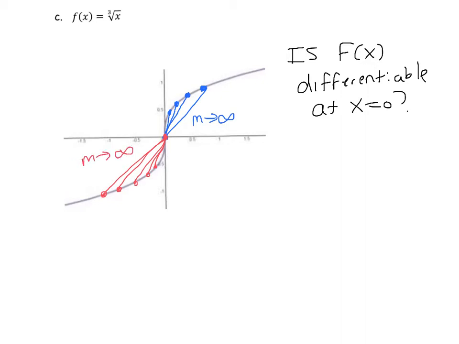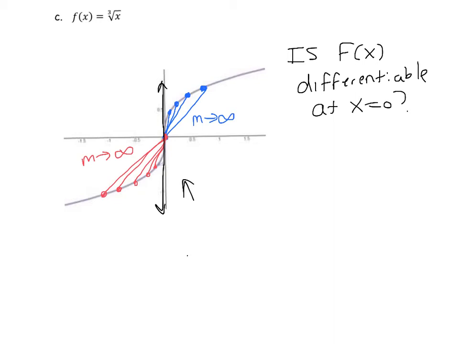So you might think that, oh well, it must be differentiable, but since those limits are approaching infinity, and infinity is not a definitive value, we have to say that this function is also not differentiable at x equals 0. So what ends up happening is you're drawing a vertical tangent here. If you draw a tangent line there, it's a vertical one.